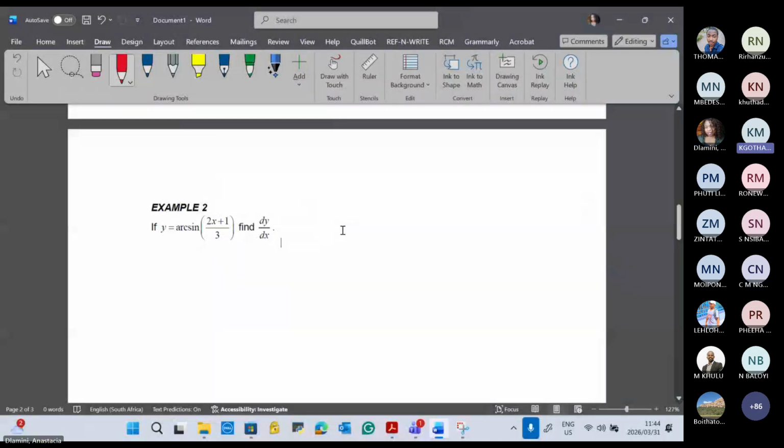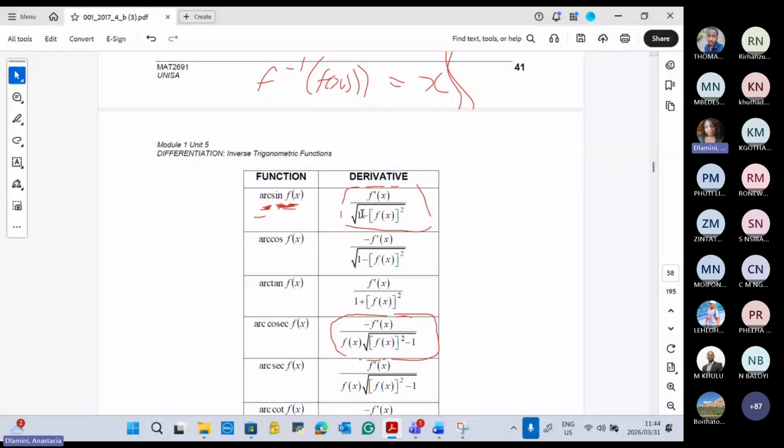The derivative of f of x divided by the square root of 1 minus f of x squared. It's very important, let's go and check. Well done.